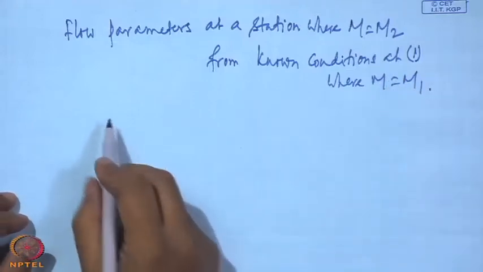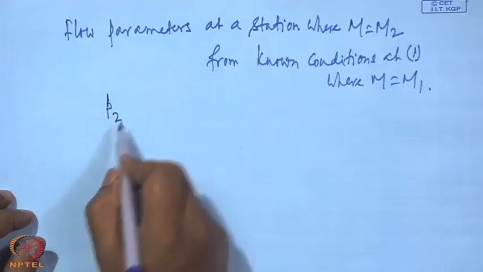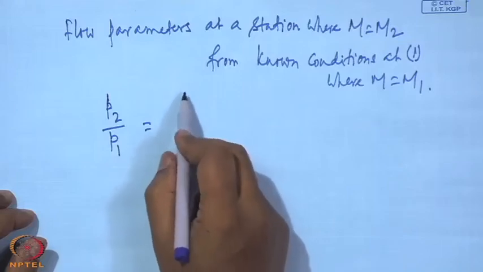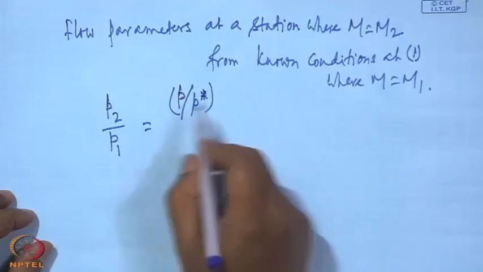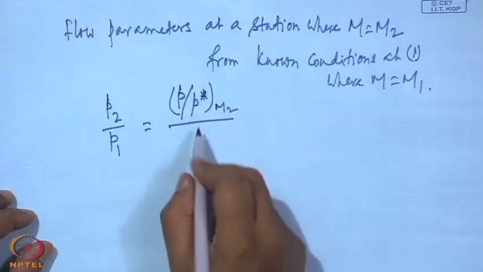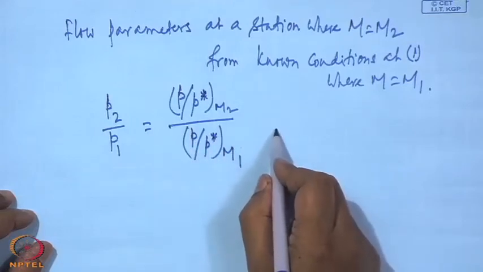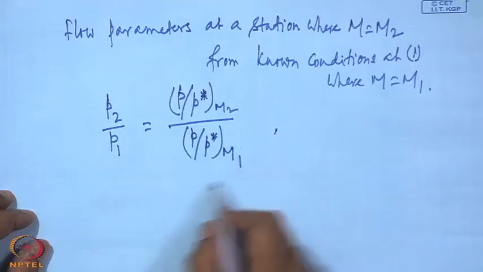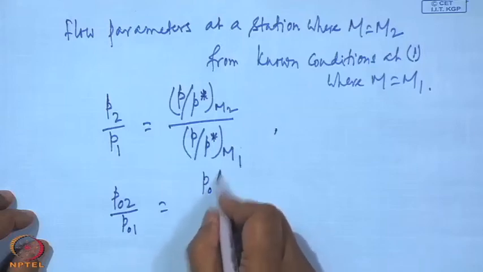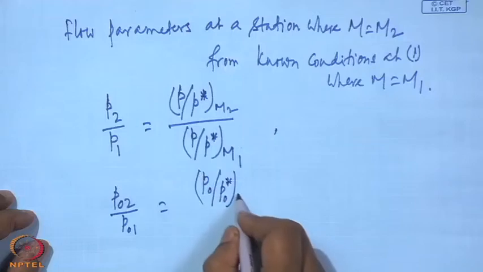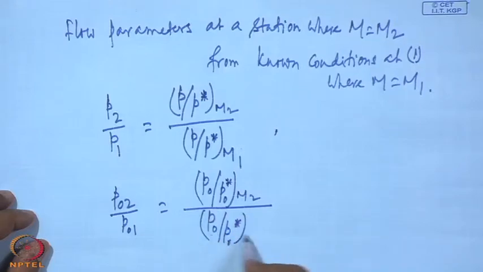These relations can very easily be used in this fashion, that say P 2 by P 1 can be obtained as P by P star at m 2 by P by P star at m 1, and similarly say P 02 by P 01 is P 0 by P 0 star at m 2 by P 0 by P 0 star at m 1.